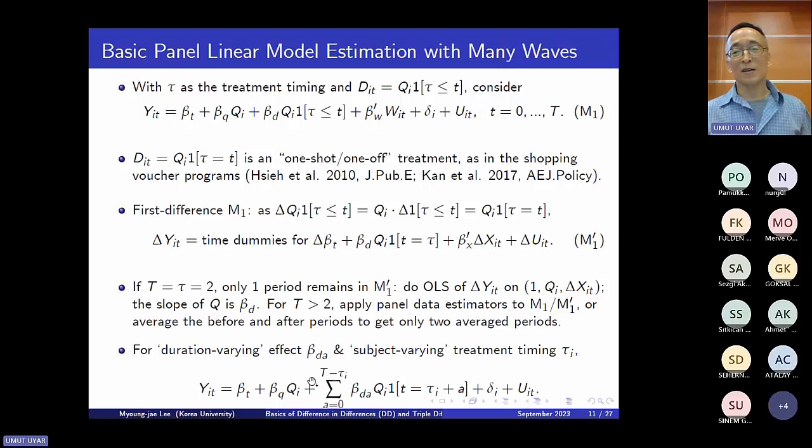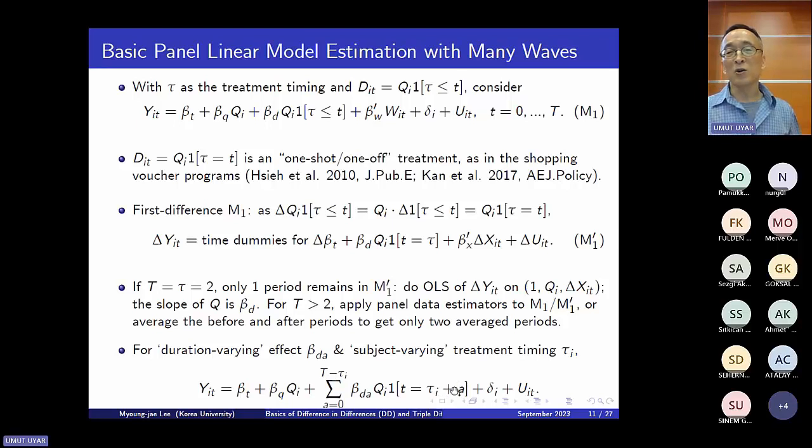Oh, here is a generalization of this Bayesian model. The generalization is that here I allow the effect to change over the duration since the first treatment timing. So if you look at this term, treatment timing can change across subjects.